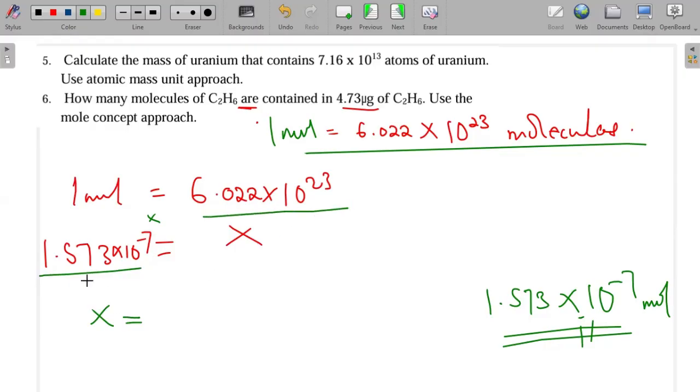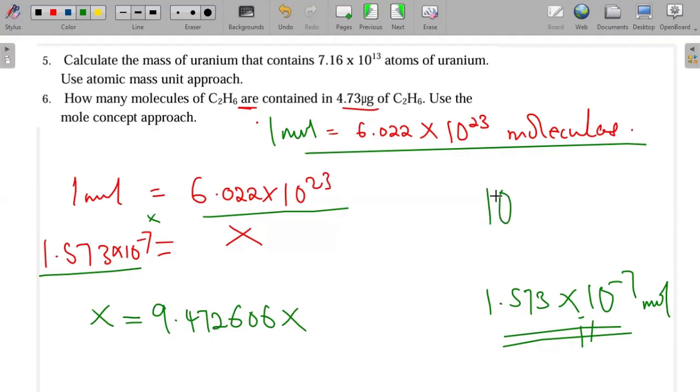Okay, so I'll multiply 1.573 by 6.022, I get 9.472606 times, and then here I have 10 to the power minus 7 and 10 to the power 23.